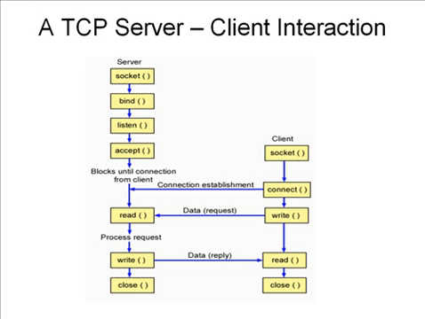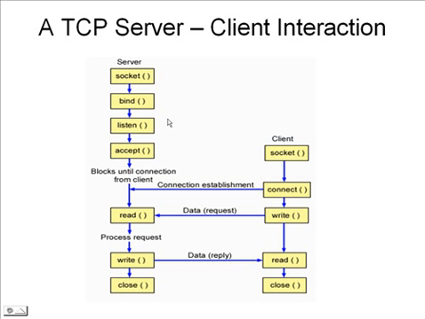So now let's break up the steps of that communication between a server and a client. As you can clearly see here, the server first calls socket, which is going to create the endpoint of communication. The client also does the same by calling socket. The server then calls bind to attach a unique address, in this case an IP address and a port number, on which it is going to be listening for various clients.